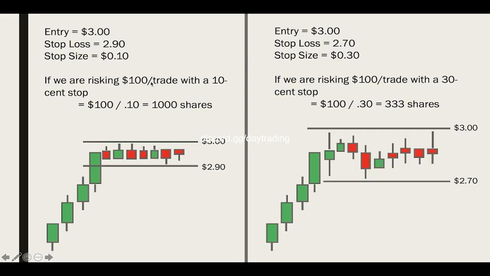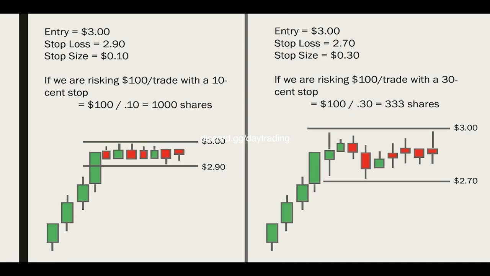So if we're risking $100 with a 10 cent stop, meaning if we get in at $3 and it drops 10 cents to 290, we're out of the position, how many shares do you have to buy to ensure that if this drops by 10 cents and hits the stop loss price, we only lose $100?